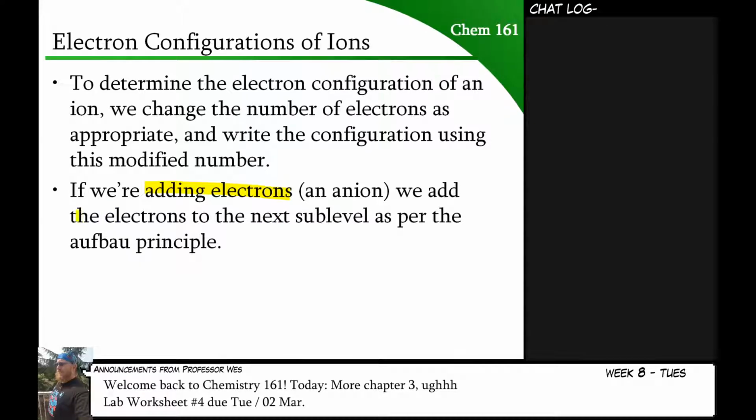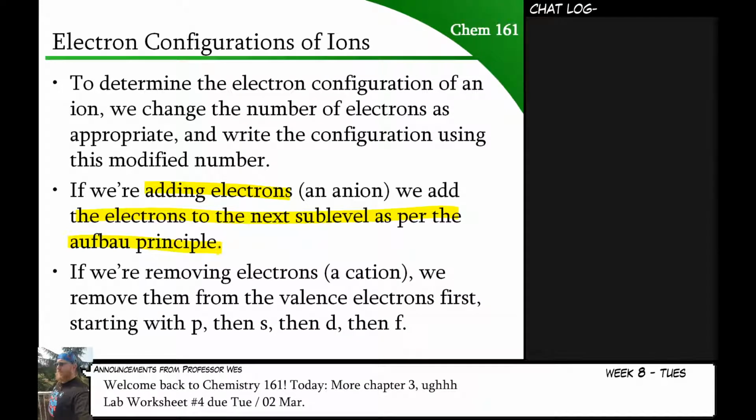So add them to the next sublevel that you would expect. But if you are taking electrons away, you would think, oh, I just subtract the 2 electrons at the end of my electron configuration. And that's where we get you.